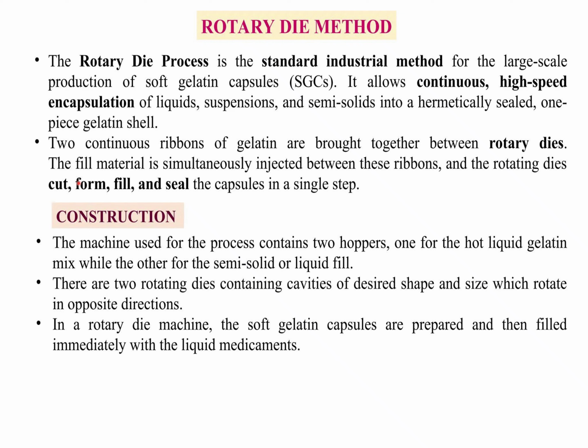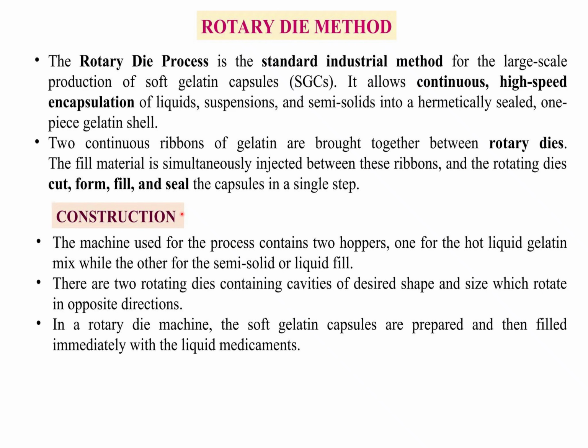The fill material is simultaneously injected between these ribbons and the rotating dies cut, form, and seal the capsules in a single step. So the overall approach seems very complex. For easy understanding, we have provided a separate video which can be found in this link.